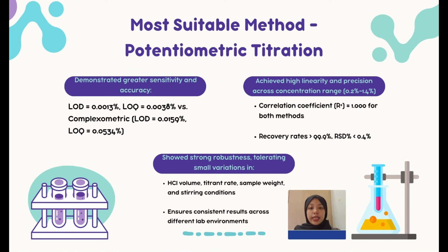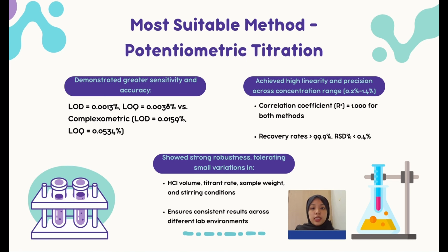Among the 2 methods studied, potentiometric titration emerged as the most suitable technique. Based on our experimental findings, this method demonstrated superior sensitivity and accuracy with an LOD of 0.0013% and an LOQ of 0.038%, outperforming the complexometric method.